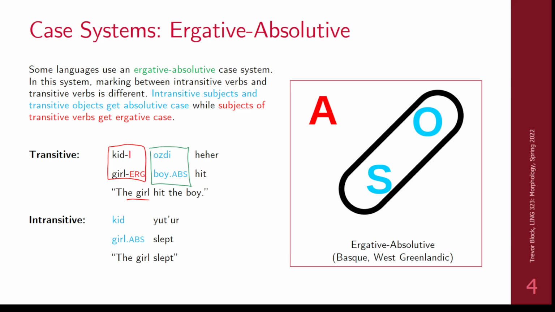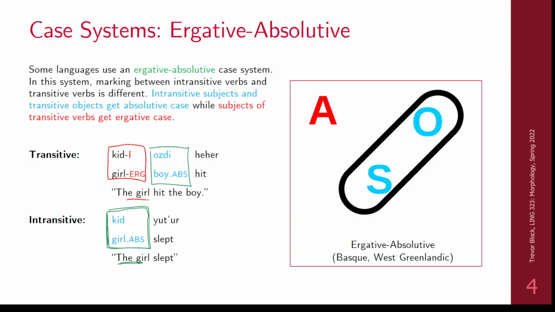Now when we take a look at the intransitive verb, the girl slept, the girl here is the subject, but it is taking absolutive case. That's because the subject of the intransitive takes the same case as the object of the transitive in an ergative absolutive case system. So we don't see that marker here that we saw before on the subject of the transitive sentence. So these are how different case systems can work.